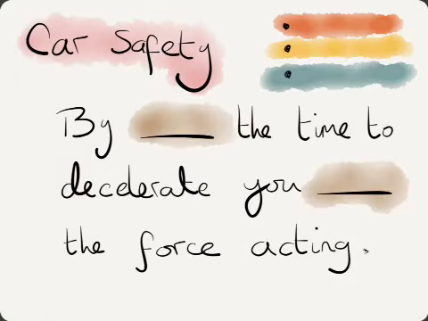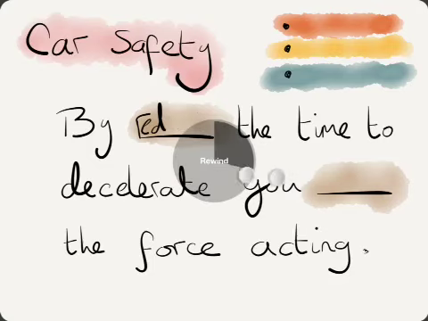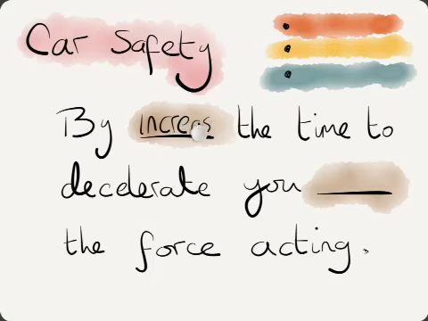In practical terms, they use this in car safety by reducing the time to decelerate, I've got that backwards. The beauty of rewind. By increasing the time to decelerate, you reduce the force acting on the car.